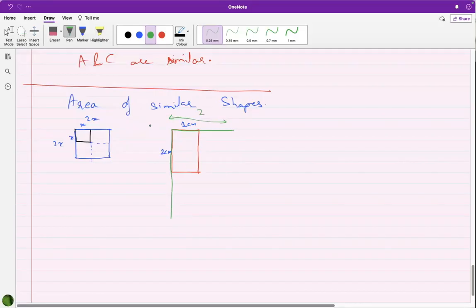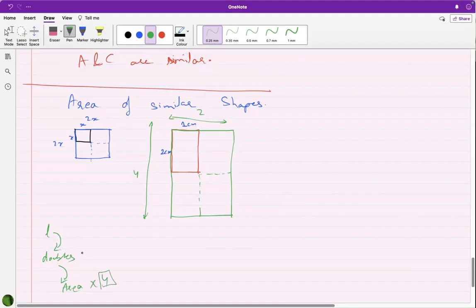So this is now 2 and this is now 4. Does it make sense? Ratio keeps the same. So if I just complete the figure without solving, can I see this is 4 times the area of the original one? Yes, because there are 4 boxes. So I'm writing that when length doubles, area is times 4.